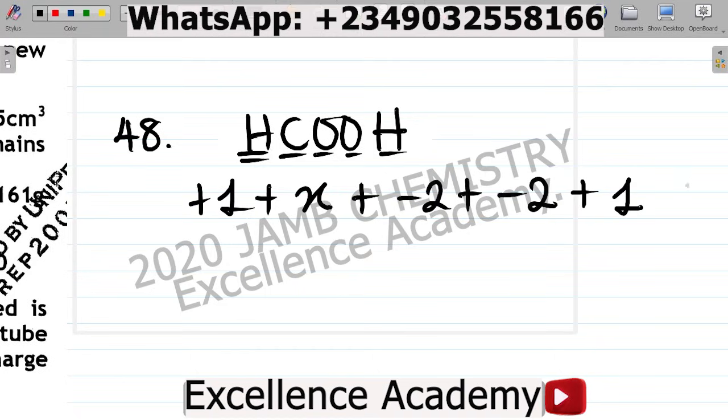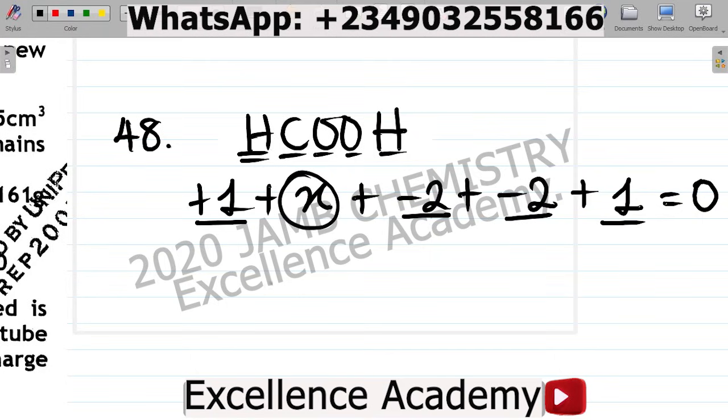All right, so let's get this. Of course, we equate this to 0 because this is a neutral compound. There is no plus here, there is no minus, so it's a neutral compound. Let's combine this. This gives you +1 minus 2, that's -1, -1 minus 2, that's -3, -3 plus 2, that's -2.